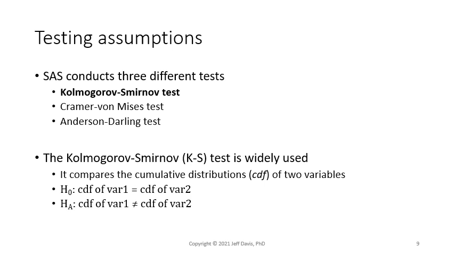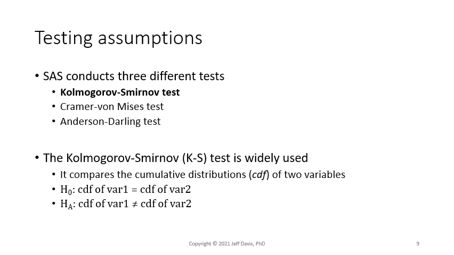So when you run that Proc Univariate statement, SAS will give you 3 different tests. These tests are designed to see how well your sample data fits a normal distribution.